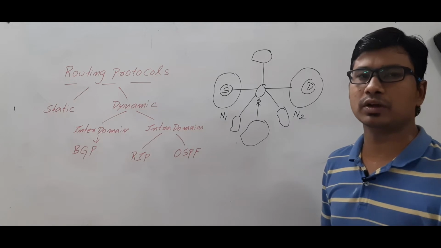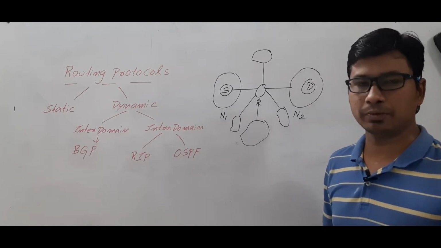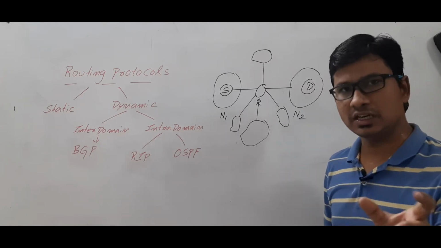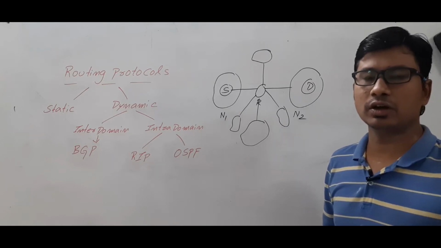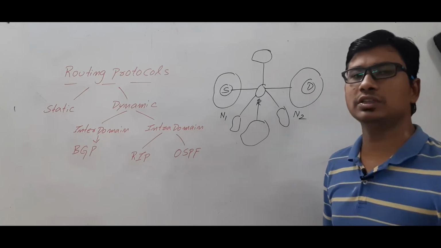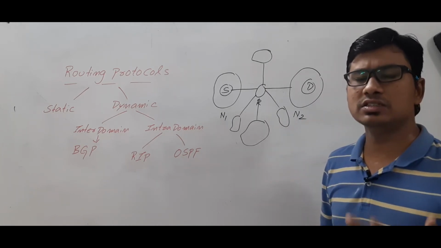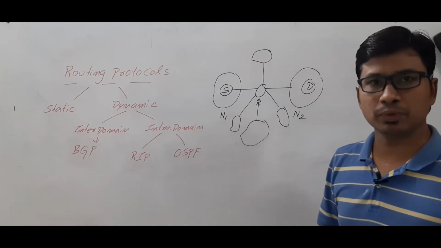So routing protocols will consider one of the parameters to find the optimal path. It can be the shortest path, if someone is talking about the distance or the number of hops. Or someone can talk about the throughput: the link which has the high throughput, using that one they can transfer. And which one will give the least delay. All these things are the parameters considered in a routing protocol.